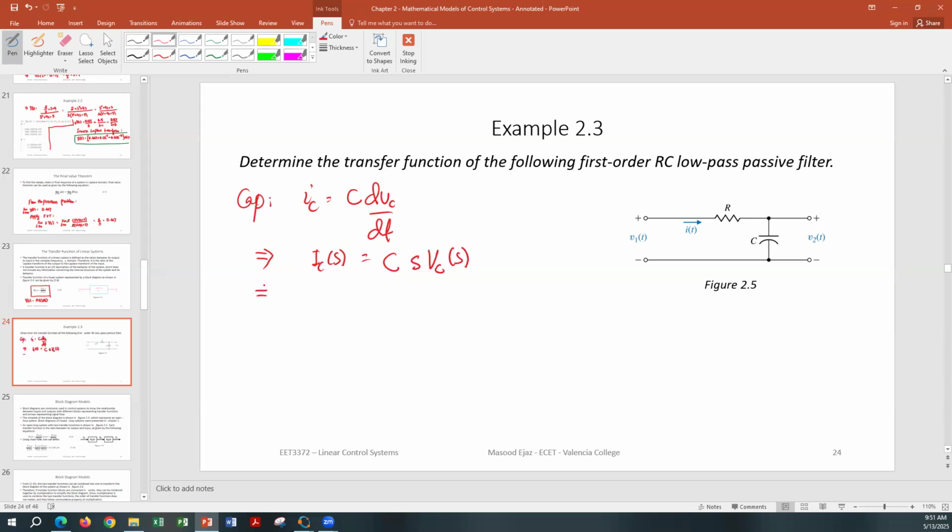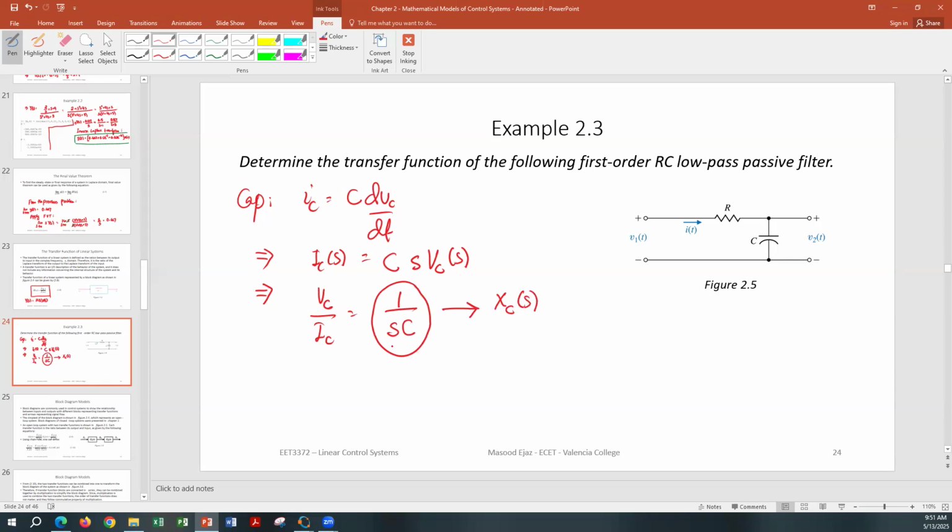So if we write this down in terms of impedance, that is V over I, so Vc over Ic, we are going to get 1 over SC. And this represents the reactance of the capacitor in the Laplace domain, which is similar to if you replace S by j omega, remember.